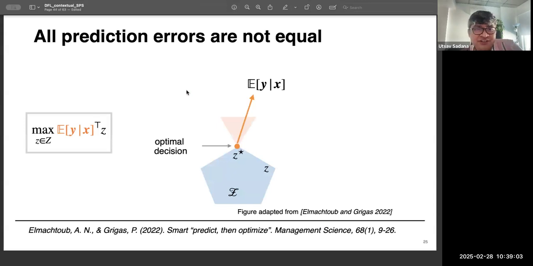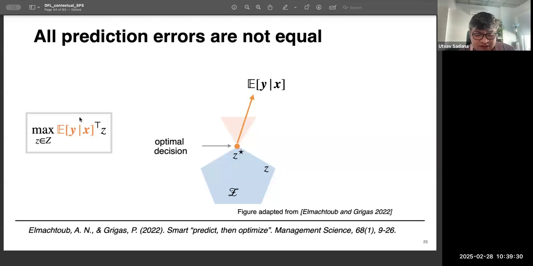So let's see some motivation for doing this task-aware learning, okay? The idea exists in this paper by Elmachtoub and Grigas, and this figure is adapted from their paper. So basically, suppose you want to maximize your reward, okay?